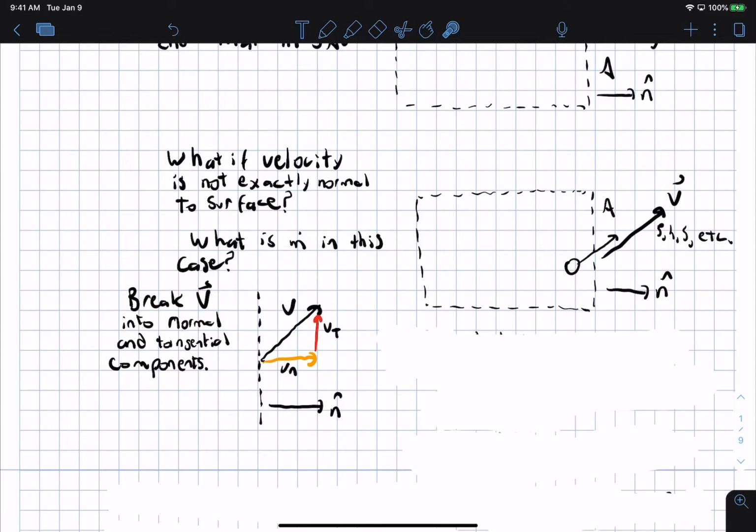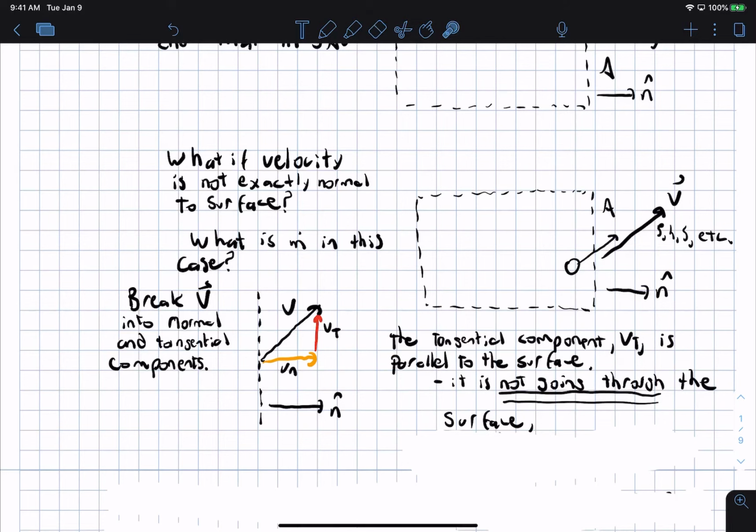Well, as I argued, if this fluid particle is going straight up, its mass is not crossing through this surface here. So this means that the tangential component of the velocity, Vt, is parallel to the surface.